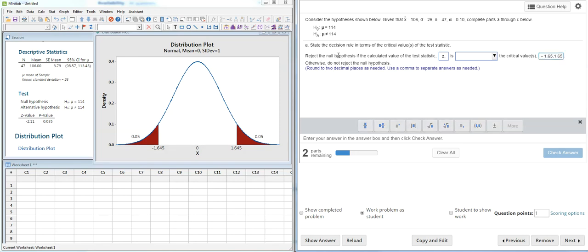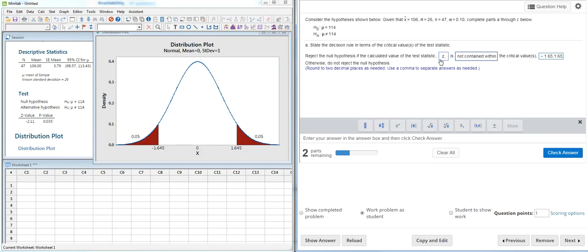And reject. So I'm going to be rejecting if the calculated value of the test statistic Z is not contained within the critical values. So remember, we reject if we fall in the rejection region, so it's got to be out here or out here.